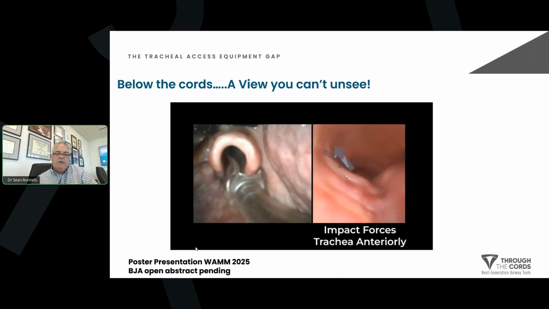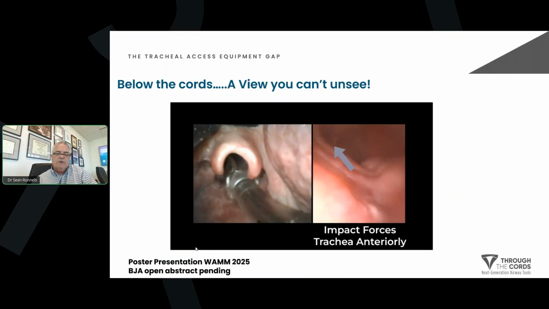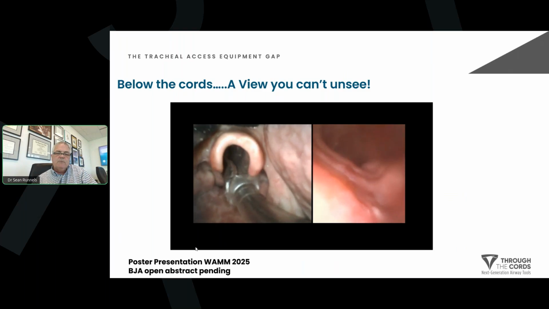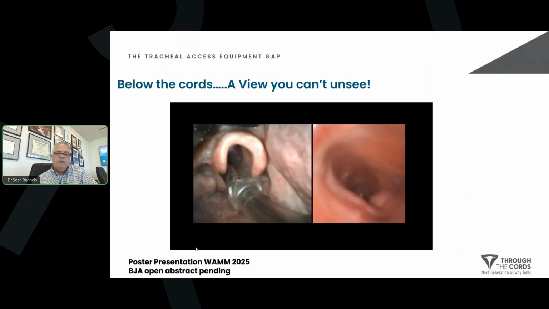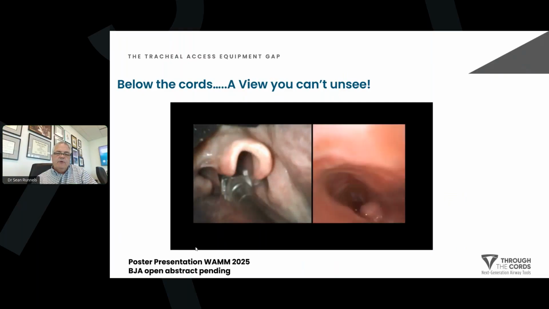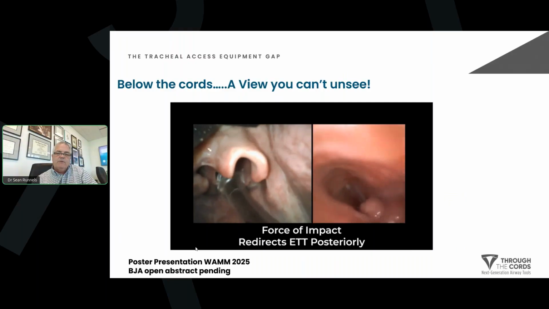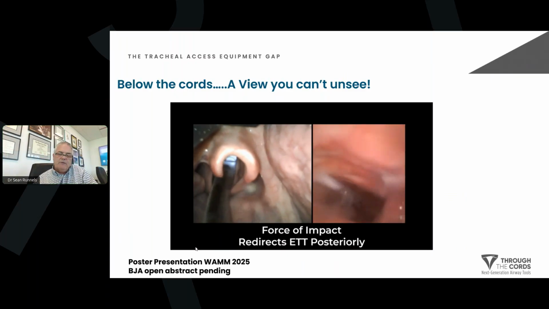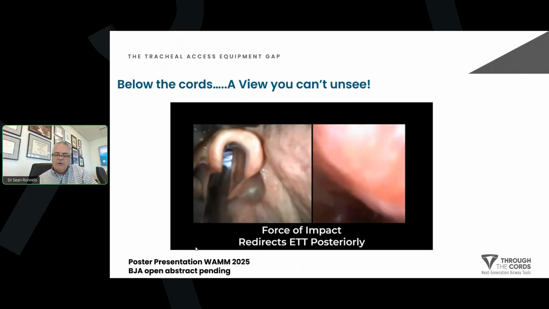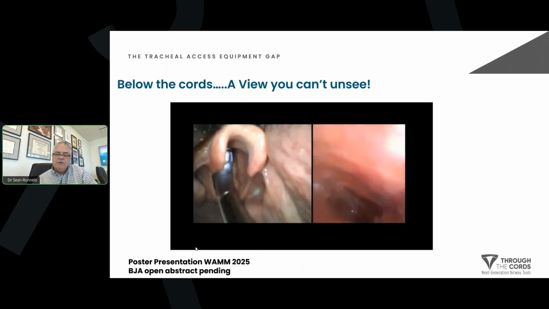And what you can see is the force on the anterior trachea as that tube comes off the stylet. And now the stylet's going to be removed. And then you can watch what happens to that tip as you go down, get it in. And it's generating the force through collision to coerce the tip back down into the posterior configuration and bend the tube into a serpentine shape.